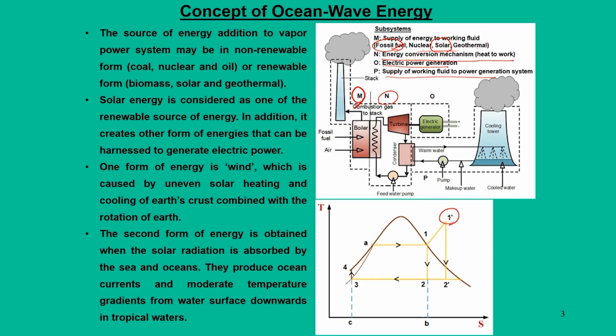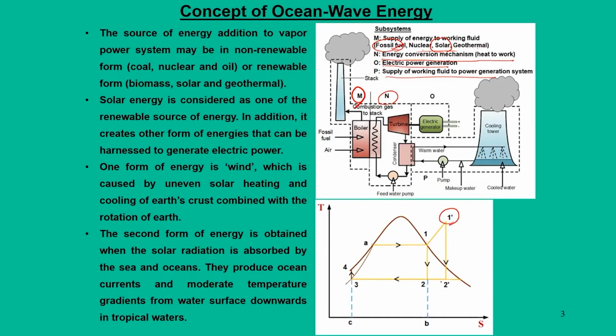So, point 1 dash, normally for fossil fuel based steam power systems, we start the turbine process or expansion of steam much above the saturation line or saturation dome. That means the turbine inlet condition mostly falls in the superheated region, and we try to expand the steam to the best possible extent. This is the region we use for steam power generation.